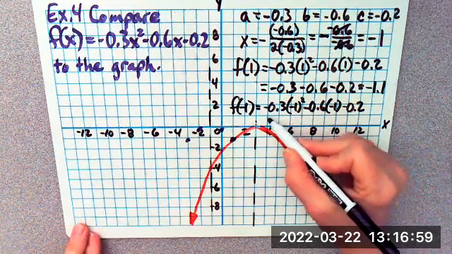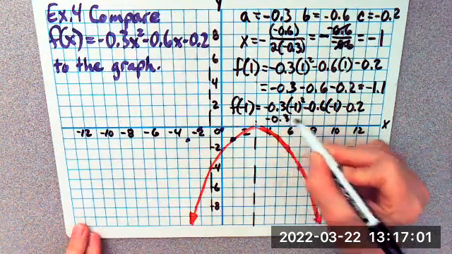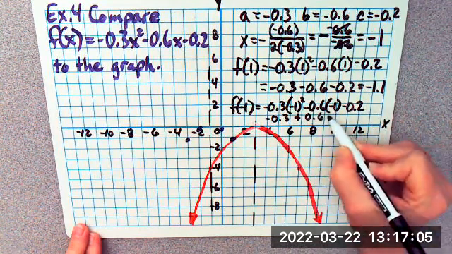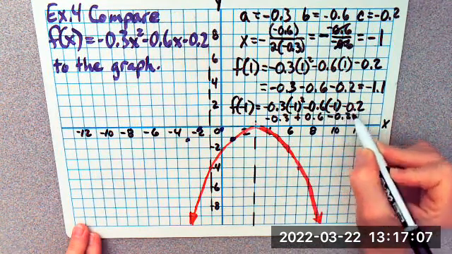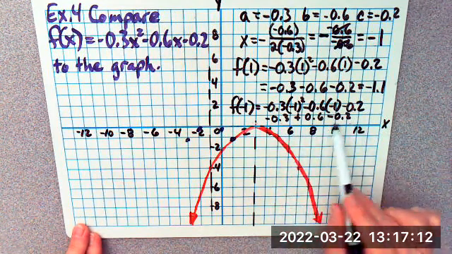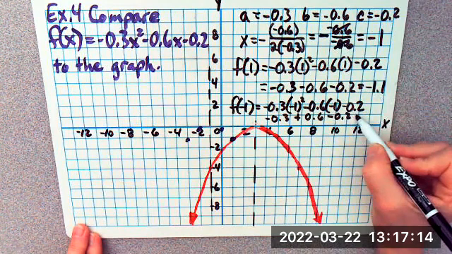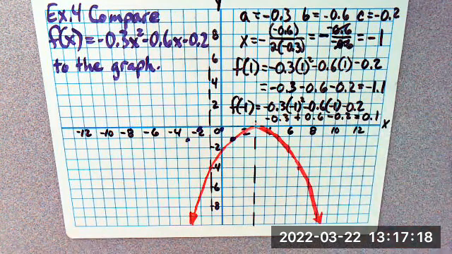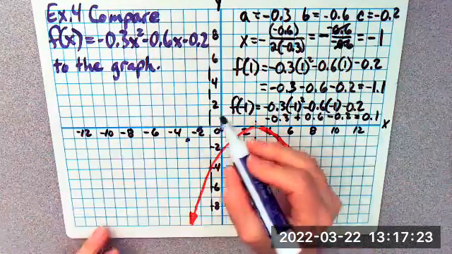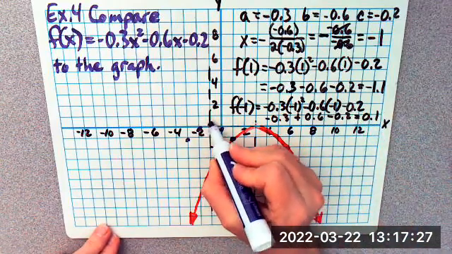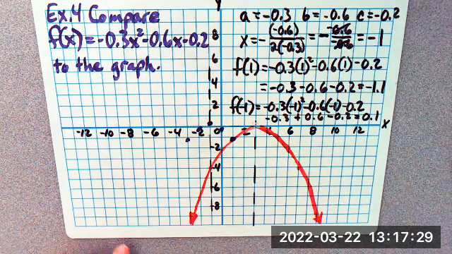So that gives us negative 0.3 plus 0.6 and then minus 0.2. So we have negative 0.5 plus 0.6, which gives us 0.1. So we find that our vertex is going to just be above this axis. It won't be right at 0.